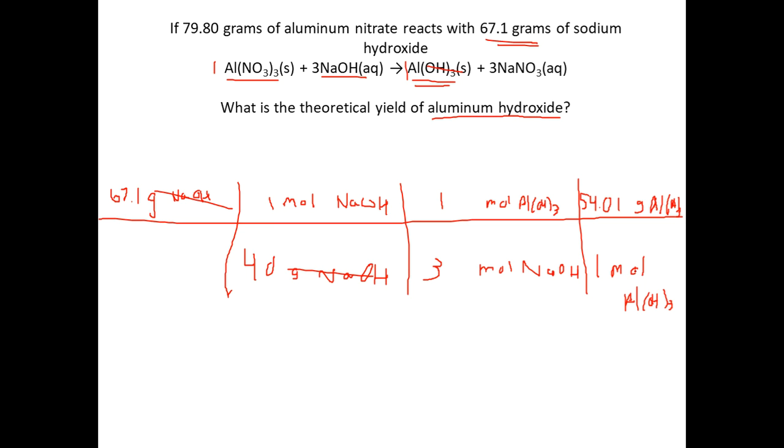All right. So once you go ahead and calculate that out, we can cancel out all of our units to end up with grams of aluminum hydroxide. Multiply by the top, divide by the bottom, and what I come out to with these values is 30.20 grams of AlOH3.